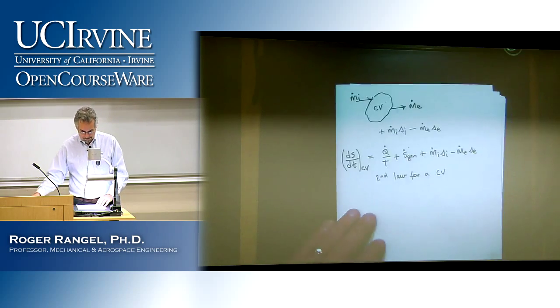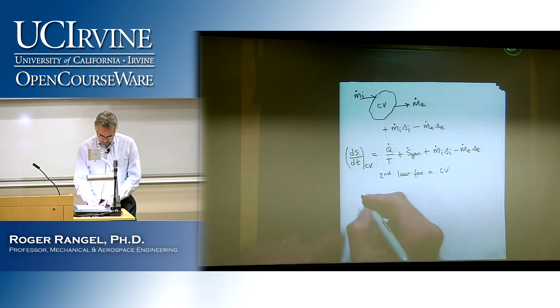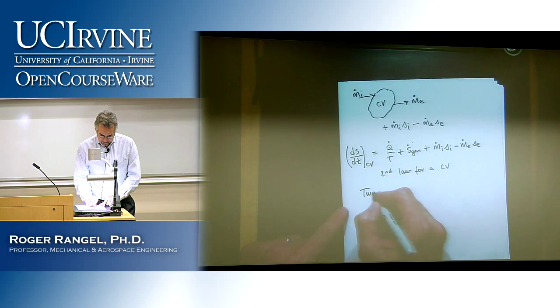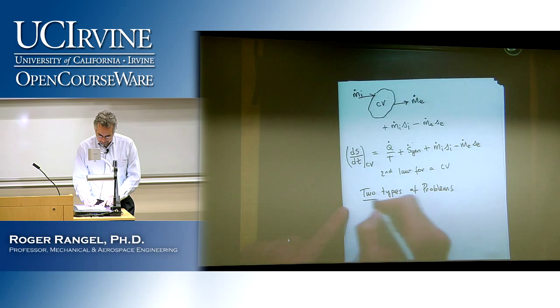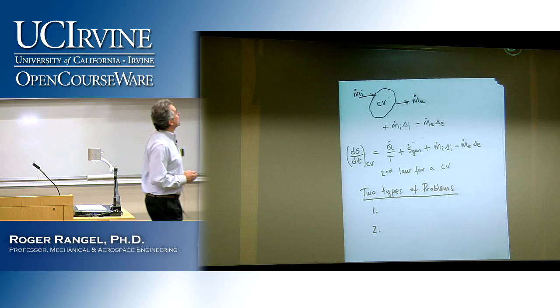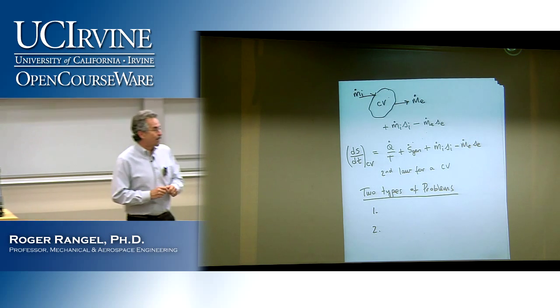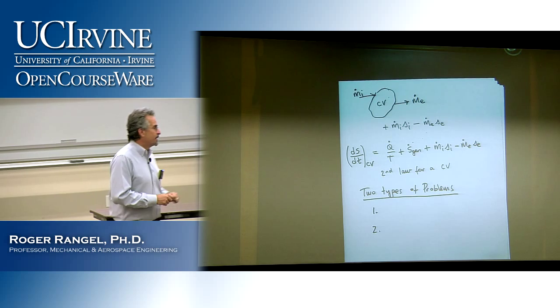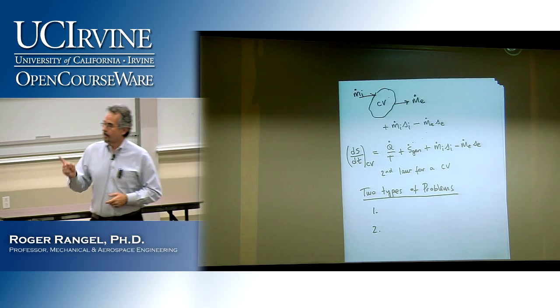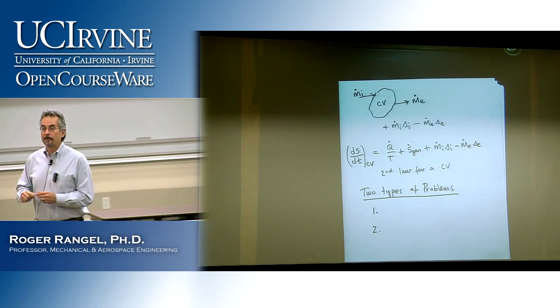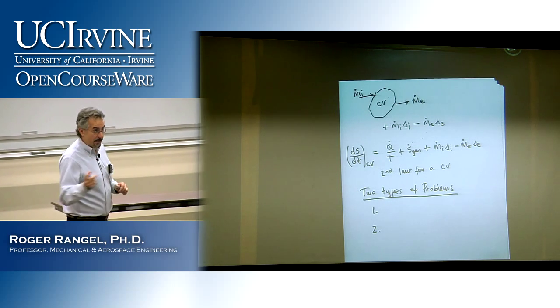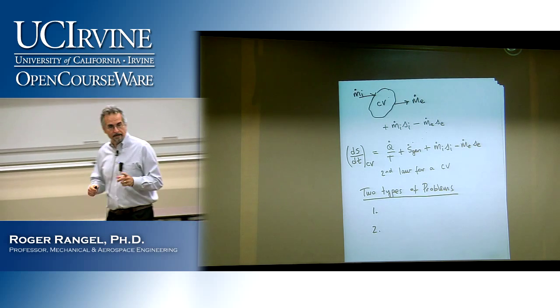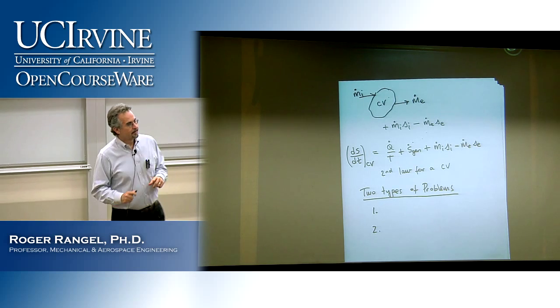So let's write here two types of problems. Does anybody remember what two types of problems we examined in connection to the first law when we applied it to a control volume? Steady state. There were some steady state problems and two, or transient.